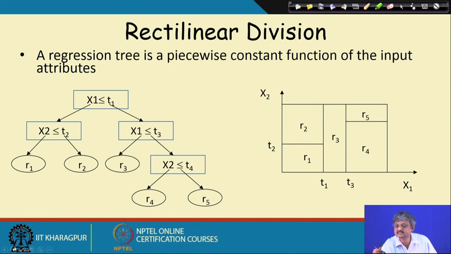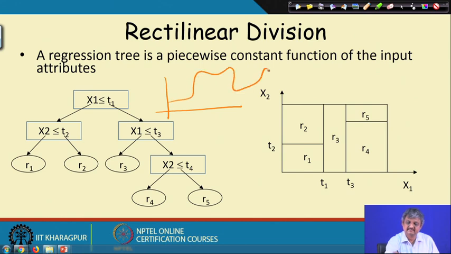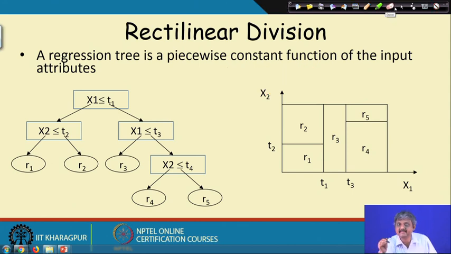So, how do I use this? Suppose I want to fit a regression to this kind of a function, I will piecewise fit constant values, and these boundaries will be decided by the decision tree. Okay. So, this is a popular algorithm called the CART algorithm, classification and regression tree. When I cover regression later, I will cover more details of this.